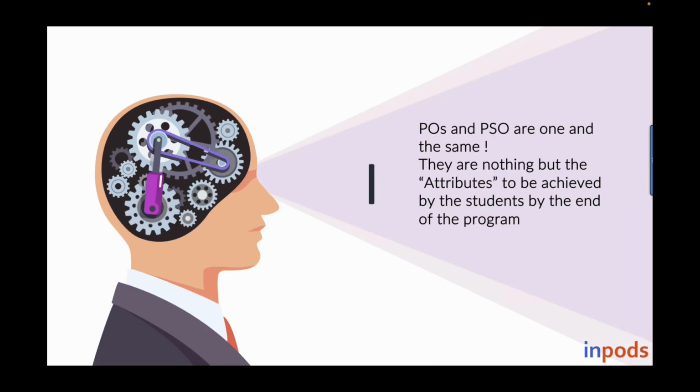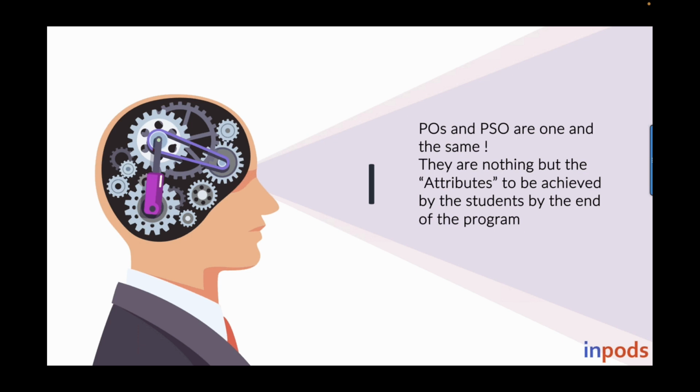From the perspective of the students, they don't care whether you call those PSOs or POs. For them, those are attributes to be achieved by them by the end of the program, right? Likewise, as a teacher, there is no need of looking at those as something different from what POs are.